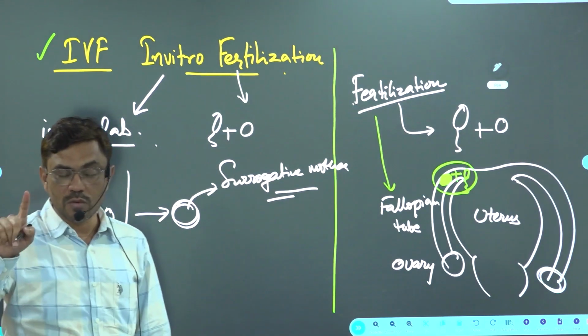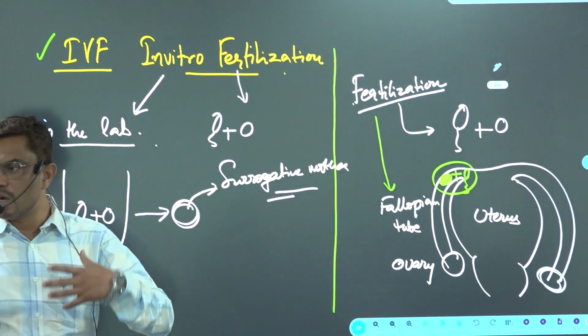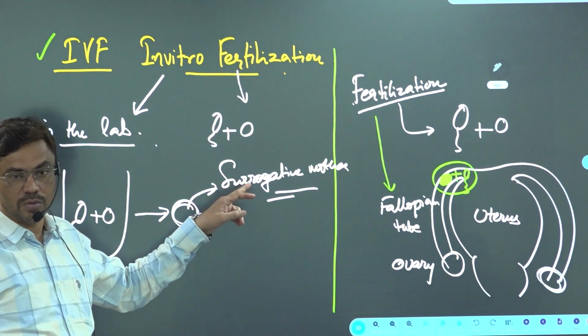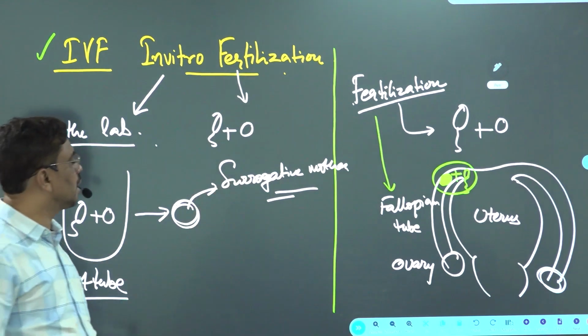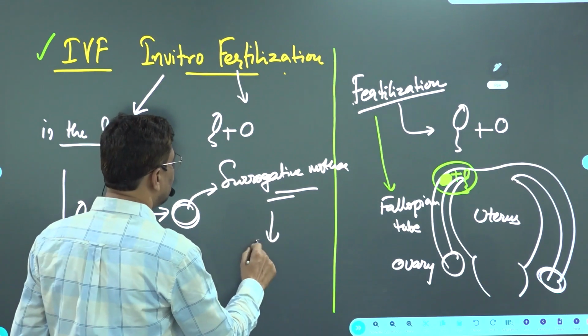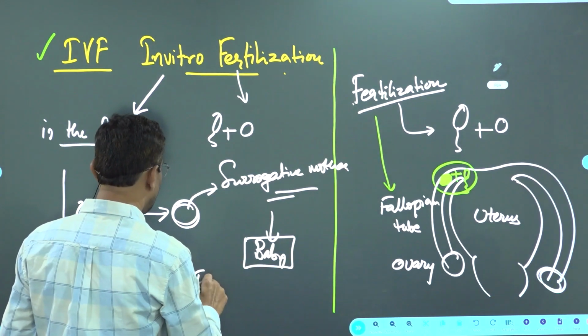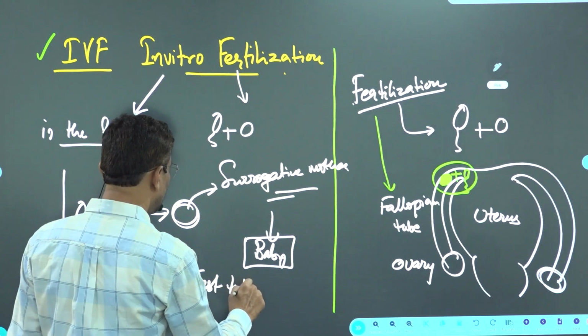If the original mother's womb is not suitable for pregnancy, then we go for surrogacy. The baby delivered, we call a test tube baby.